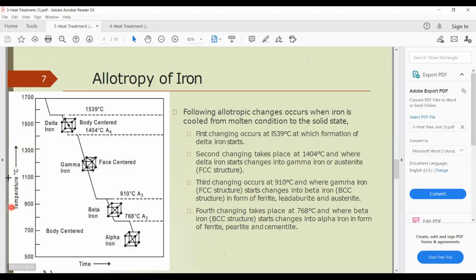You don't need to draw this diagram, but you need to remember these four changes, at what temperature level these changes occur, and what the changes are: delta iron forms, delta to gamma, gamma to beta, beta to alpha. So these three things are important. But this graph you don't need, and this structure also you don't need.